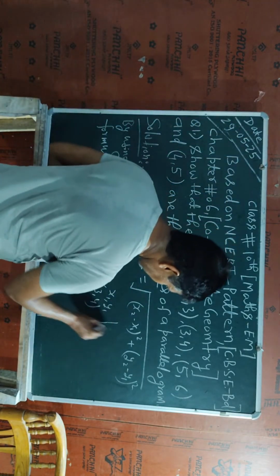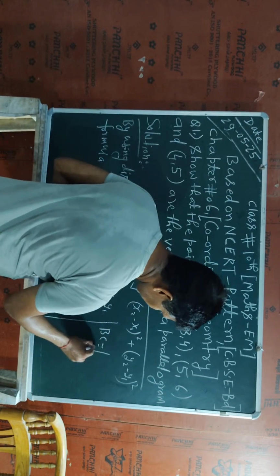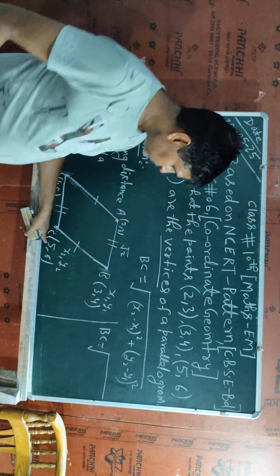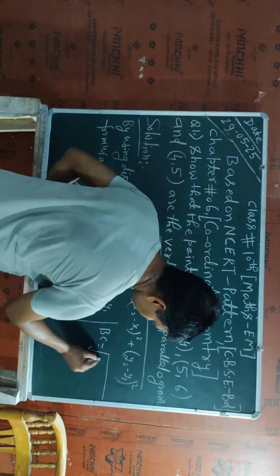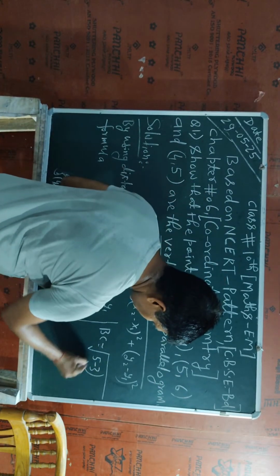On the left hand side I will put BC and on the right hand side I will put square root. Now x2 minus x1: the value of x2 is 5, so I will put 5 minus x1, which is 3, and whole square.